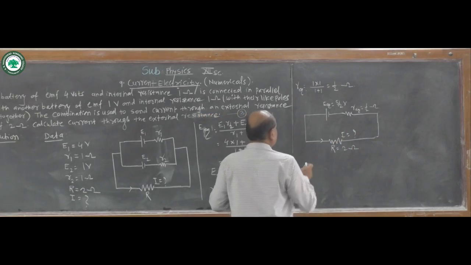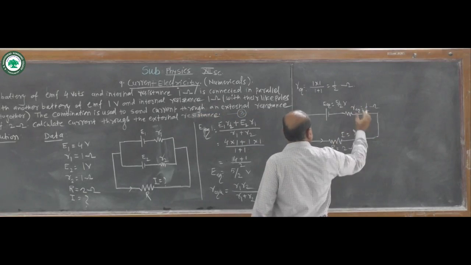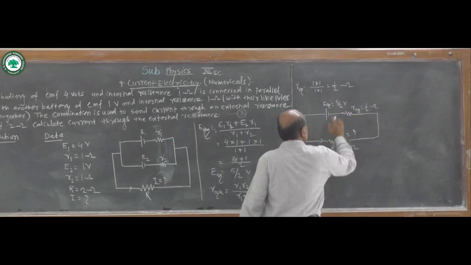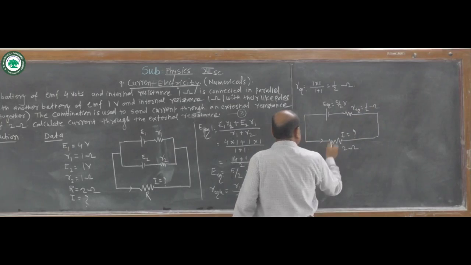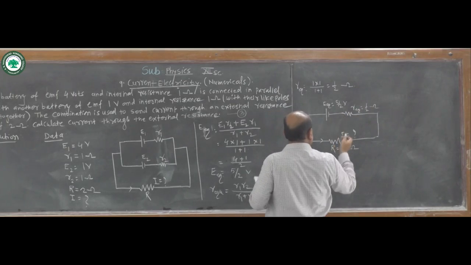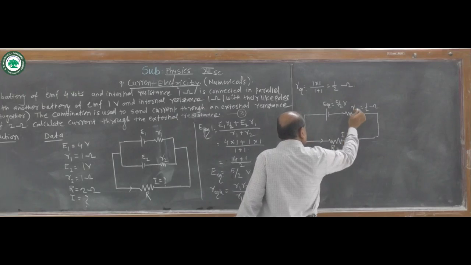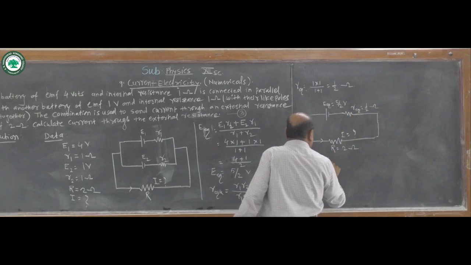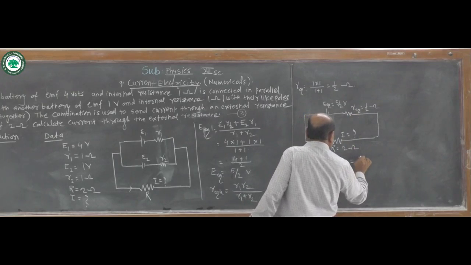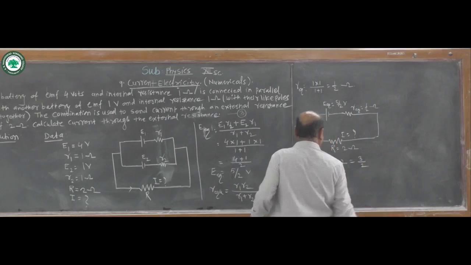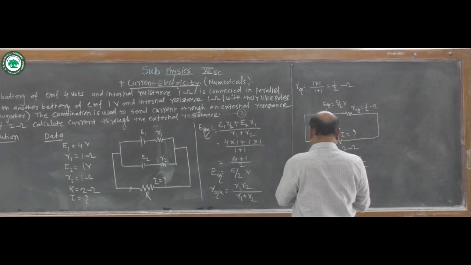And now here, this internal resistance and this external resistance are both in series. Therefore, R total is equal to the internal resistance plus this 2, which is 1/2 plus 2.